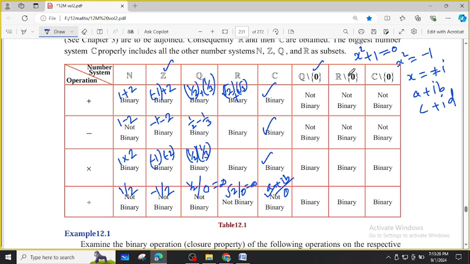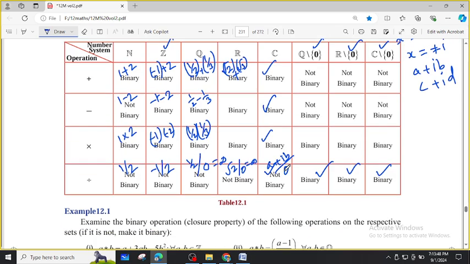Except 0. If you remove the 0 from rational, real and complex numbers, again division is a binary operation, except 0. Understand? Whereas if you don't remove the 0, it is not binary.